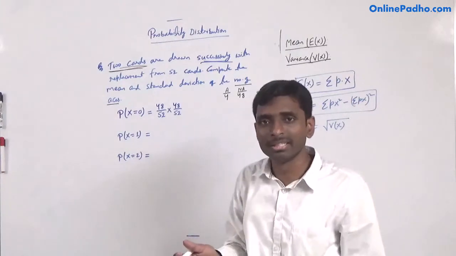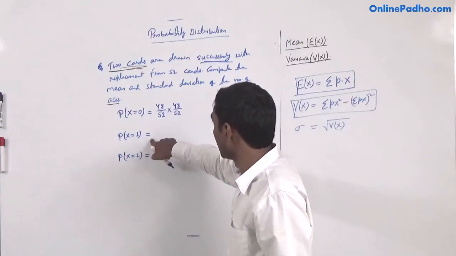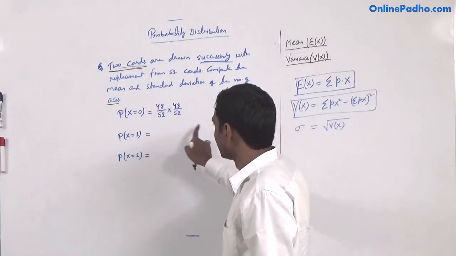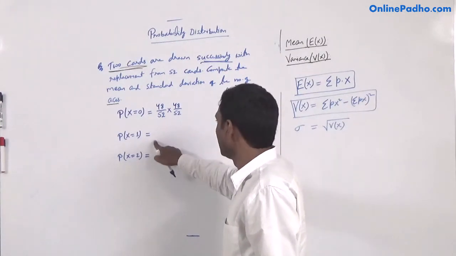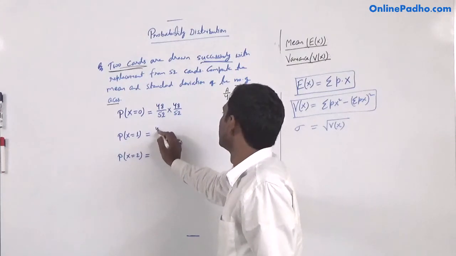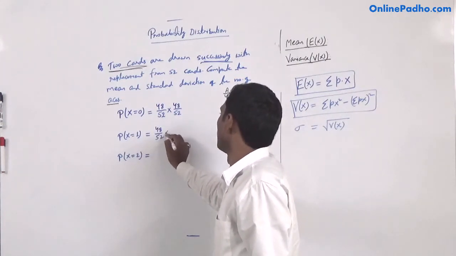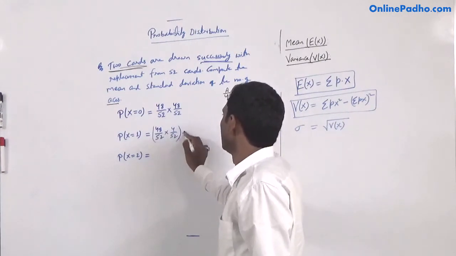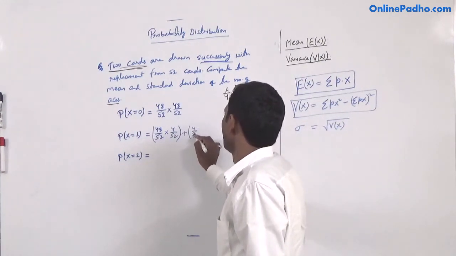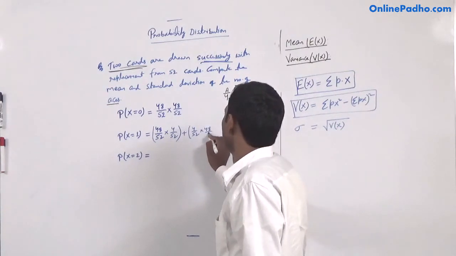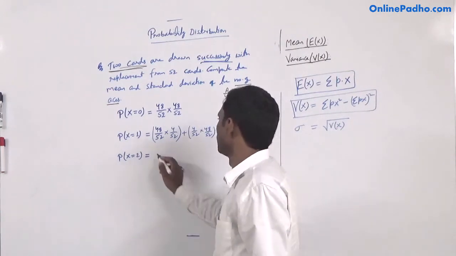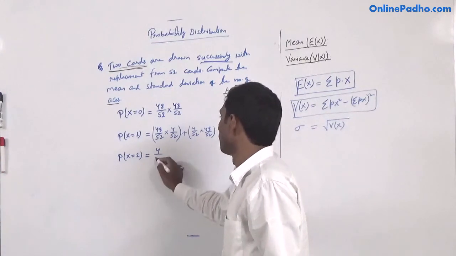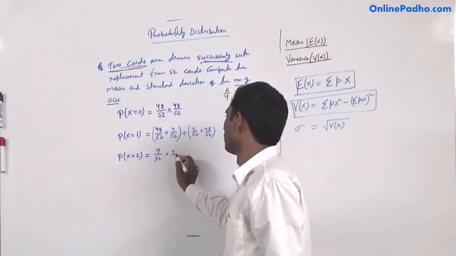Both are non-ace. In the second case, first is ace and second is non-ace, or first is non-ace and second is ace. So first non-ace multiplied by second ace, plus interchanging this: 4 by 52 multiplied by 48 by 52. Both are aces: 4 by 52 multiplied by 4 by 52.